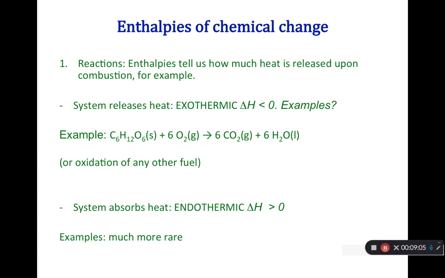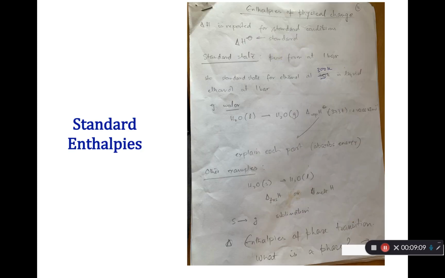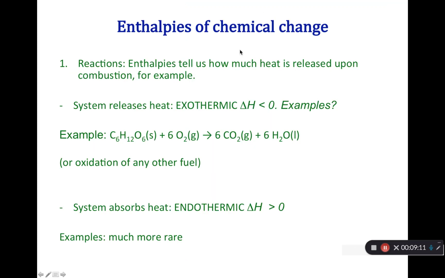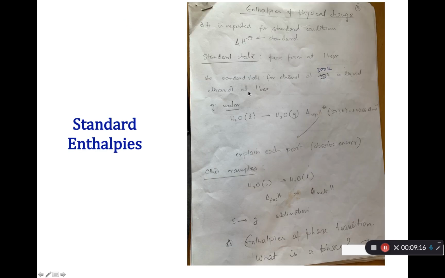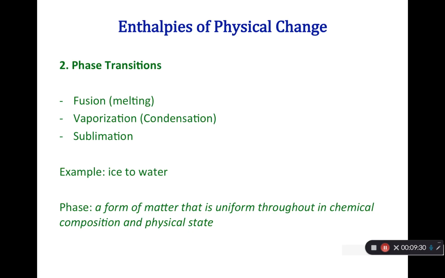Since you are biochemists, molecular biologists, and those studying biomedicine, we will not talk a lot about enthalpies of chemical change, but we will talk a little bit more about phases. This transition here is from the solid phase to the liquid phase when ice is melting. So let us try to define what a phase is.